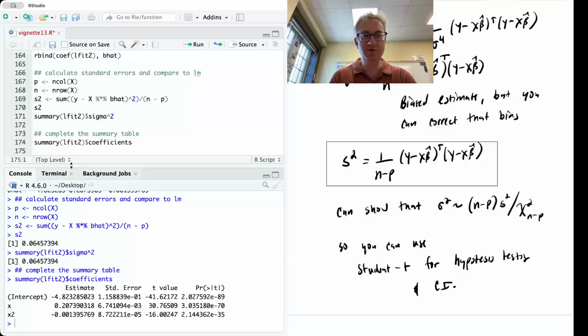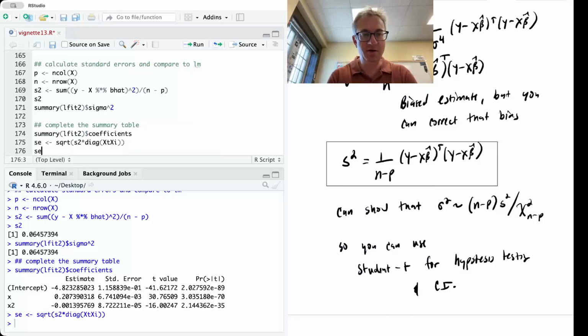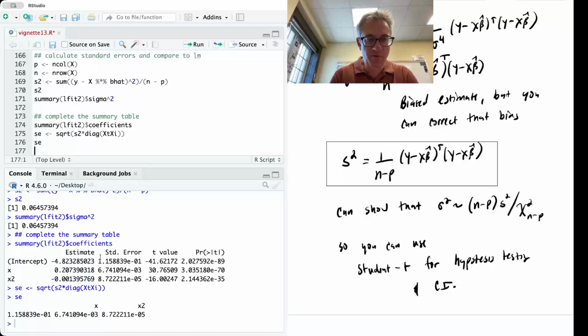So now I can try to get those standard errors. The standard errors are going to be the square root of the diagonal of s squared times x transpose x inverse. So let's take a look at those: 1.15, and then 6.74 times 10 to the minus 3, and 8.72 times 10 to the minus 5. So that gets me the standard error column.